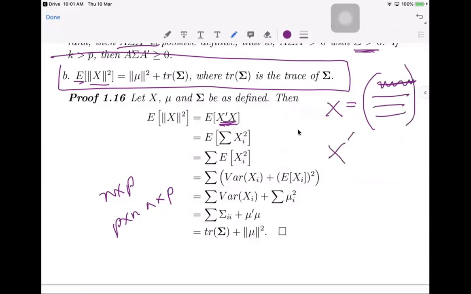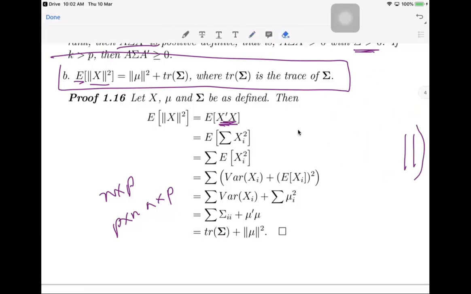Are you following? So when you multiply X prime X, you are multiplying the same entries. Let's do it in detail so you can see X prime X.